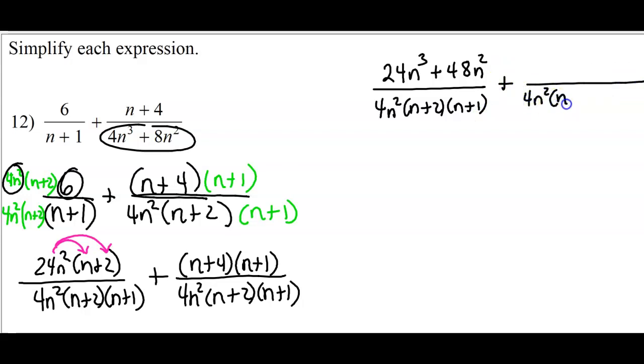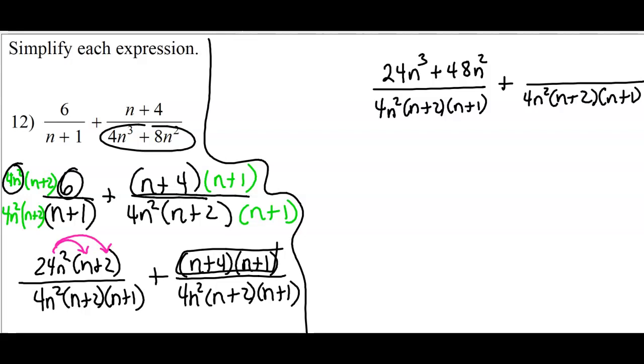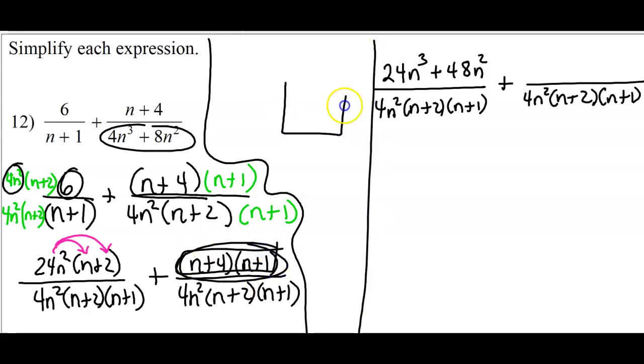Now on the other side, this one, we're going to have to do the box method. I'm going to make some space here for the box. So I'm going to do this one separately. We're going to do the box here. It's going to be n plus 4 and n plus 1.